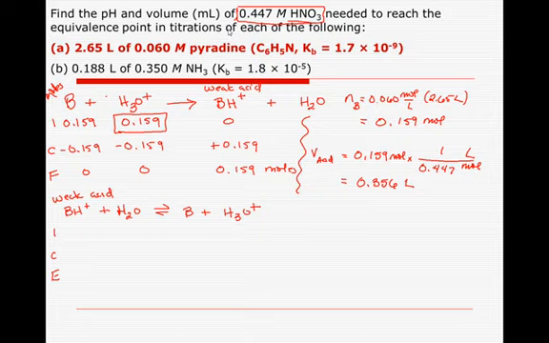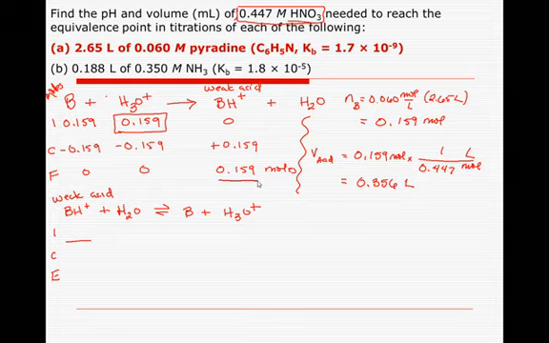Now, what am I going to do with that number? I want you to keep in mind what we're trying to do. We need the molarity of this acid. We know the moles of this acid. We have to divide by the volume of the solution. I didn't know the volume.